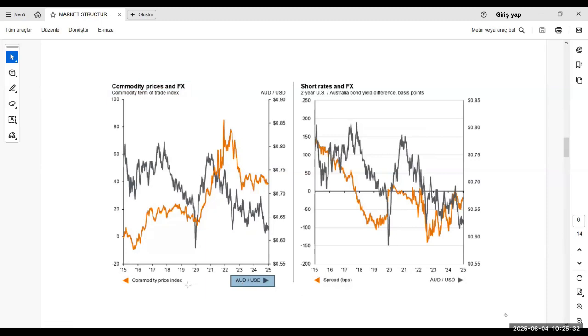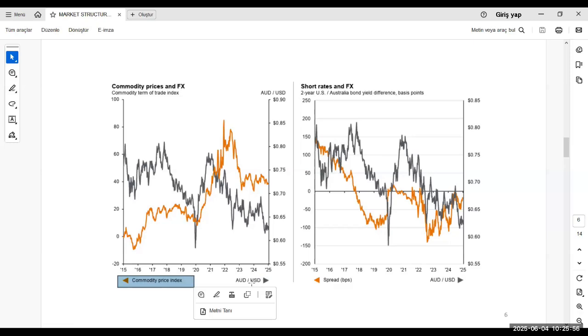As you see here, this orange line on the left-hand side, please look at this left-hand side. This is the commodity price index. And this orange line is going like this. If the commodity price is increasing, the Australian dollar is getting strength because Australia exports commodities, right? They are earning more Australian dollars.